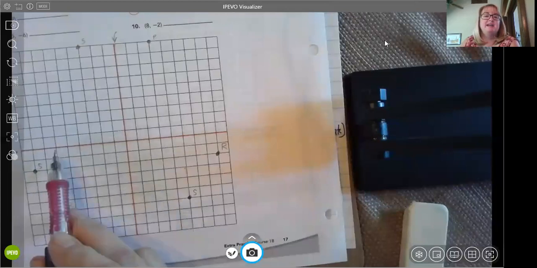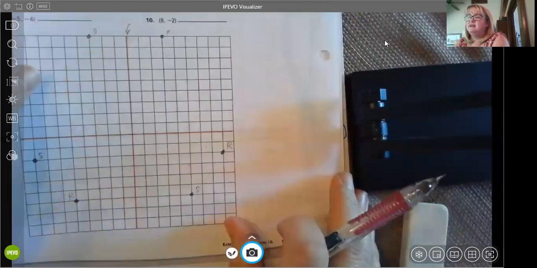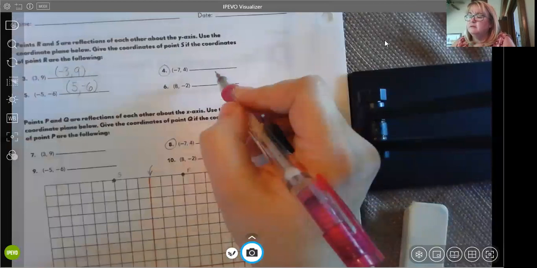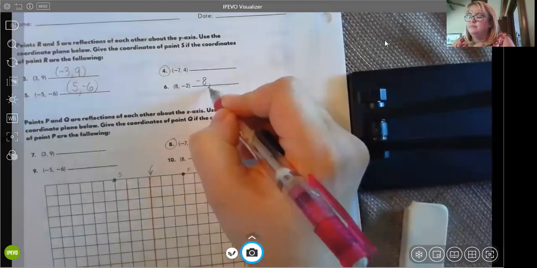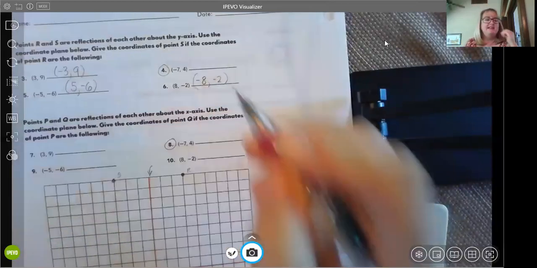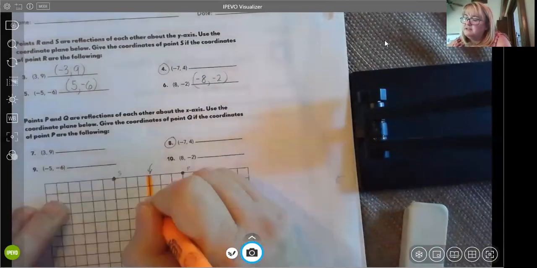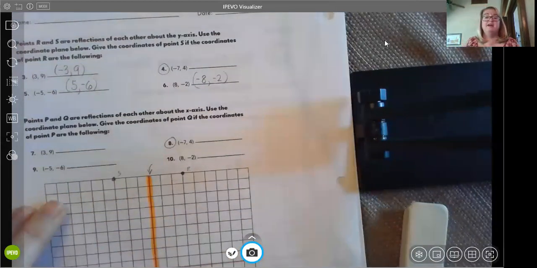We went back 8, down 2, so it would be (-8, -2). In this case, I'm going to highlight this. We were going across the y-axis. I should have used a straight edge.